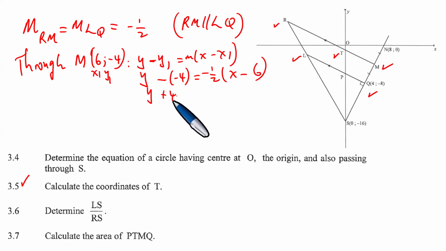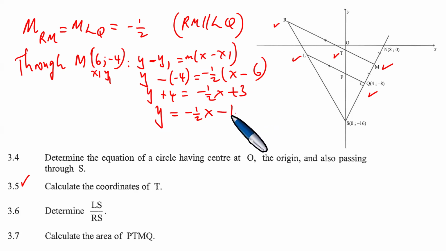So you have y plus 4 equals minus 1/2 x plus 3, which means y equals minus 1/2 x minus 1.